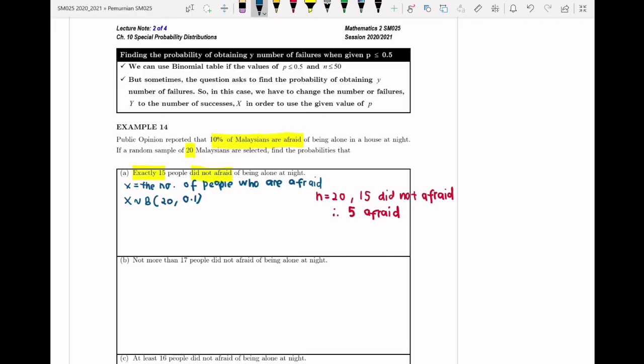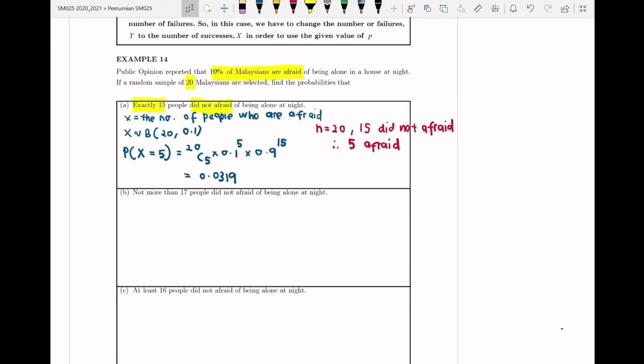Therefore, we need to find the probability X equals 5. So we can use the formula 20C5 times 0.1 to the power of 5 times 0.9 to the power of 15, which is equal to 0.0319.